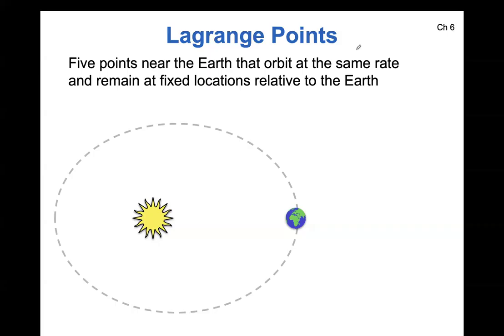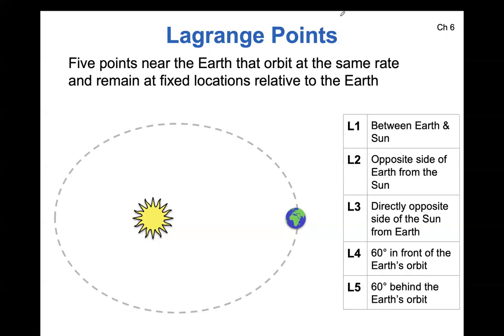So not covered in Kepler's three laws, but if you take another step and do some math with Newtonian mechanics, understanding the universal law of gravity and those laws of motion, you can come up with this idea that there are these special points called Lagrange points where the forces of gravity balance. And there's five of them for every elliptical orbit, in this case, Earth's elliptical orbit around the Sun.